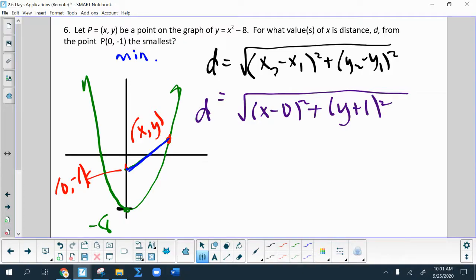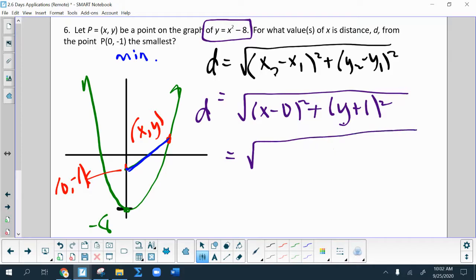When we put this in the calculator to graph this, we obviously have to have everything in terms of x, and we're going to replace the d with a y. So I need to get rid of the y in this formula here. And that y comes from the description of the problem where we started it. If you notice up here in the very beginning of the problem, it already told us what y was equal to. Y is equal to x squared minus 8.